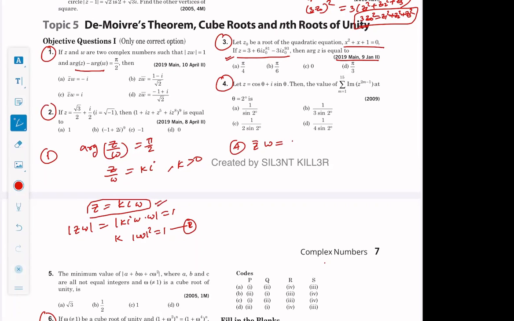Z bar will be K minus I W bar, and W, so this will become minus K I magnitude of W whole square, and from the equation K mod W square is 1, so this must be minus I. So this one is correct and this one is rejected.